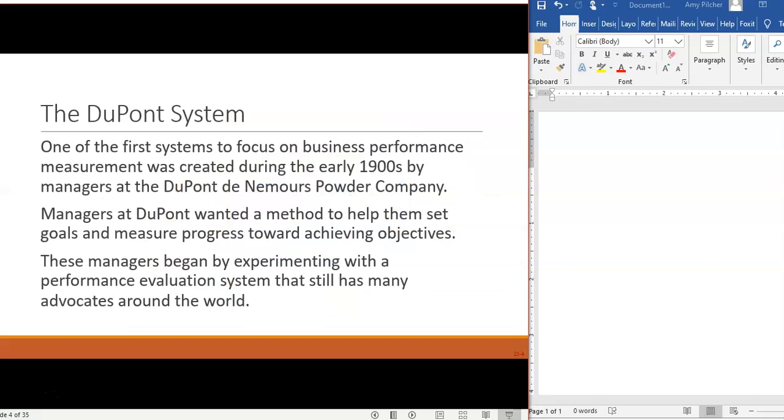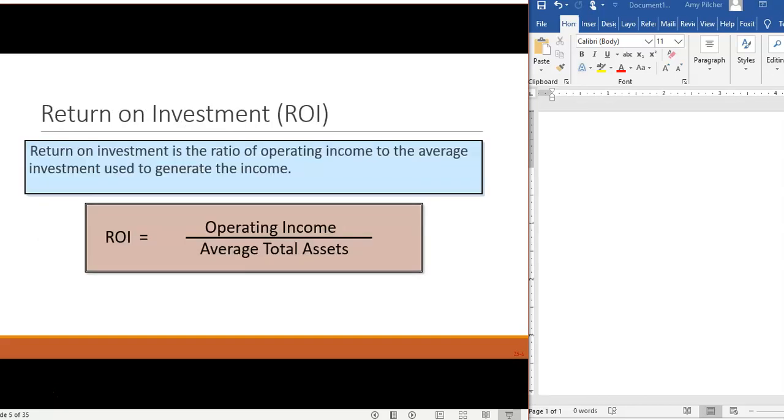We have multiple different ways to measure performance and to look at performance measurement systems. One of these systems is called the DuPont system. This is a performance measurement that was created by the DuPont Powder Company. So these managers looked at a performance evaluation system, and this performance evaluation system is still used today.